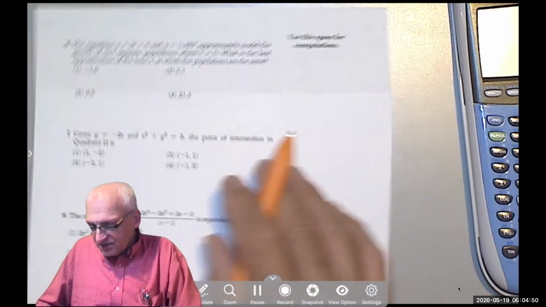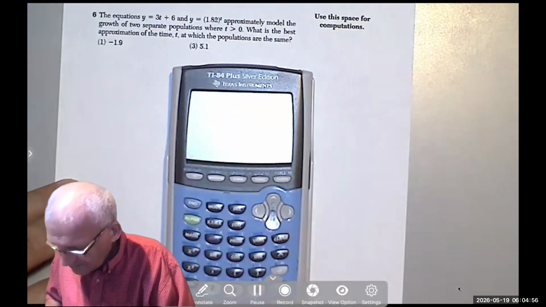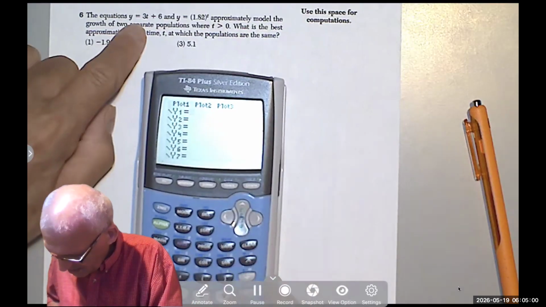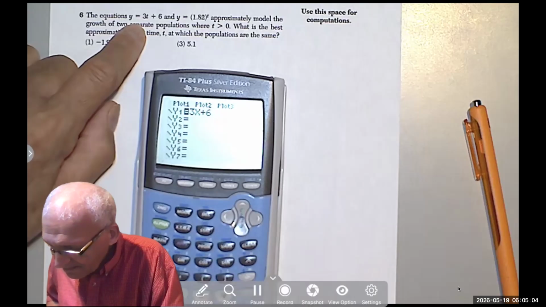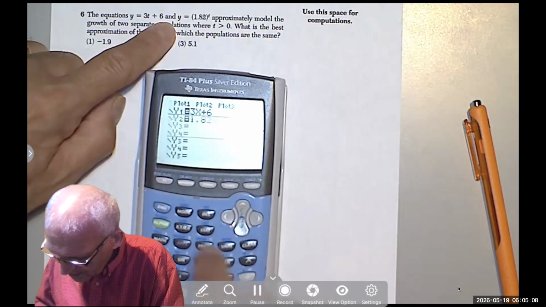So let's see what we get. In fact, I will use 2 graphs. The first equation is 3x plus 6. The second equation is 1.82 to the power of x.